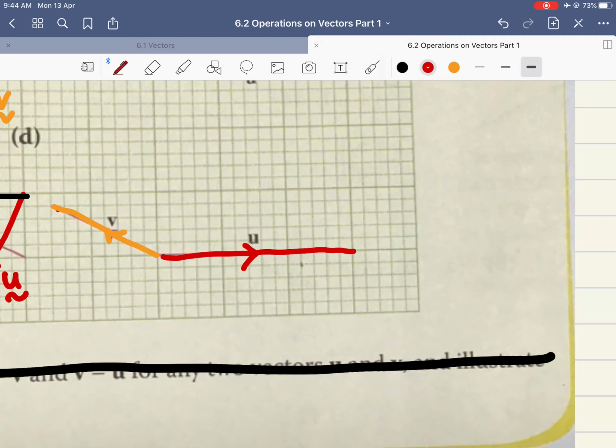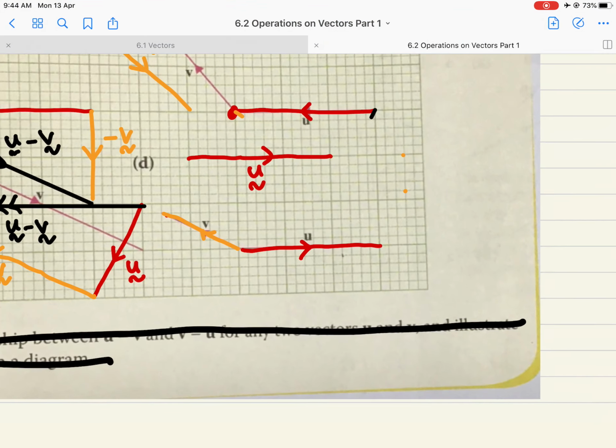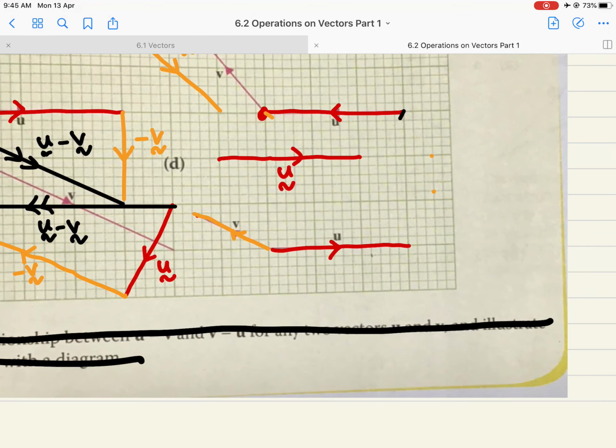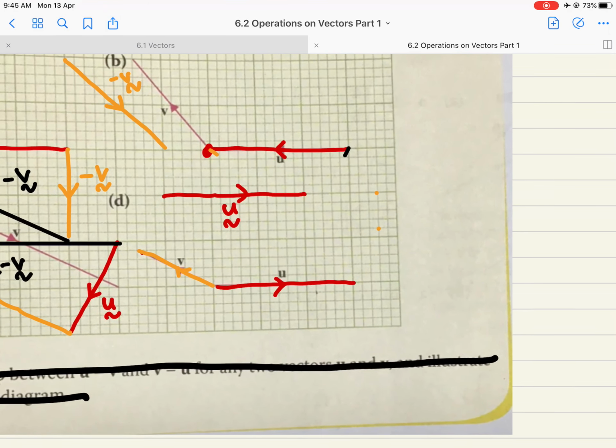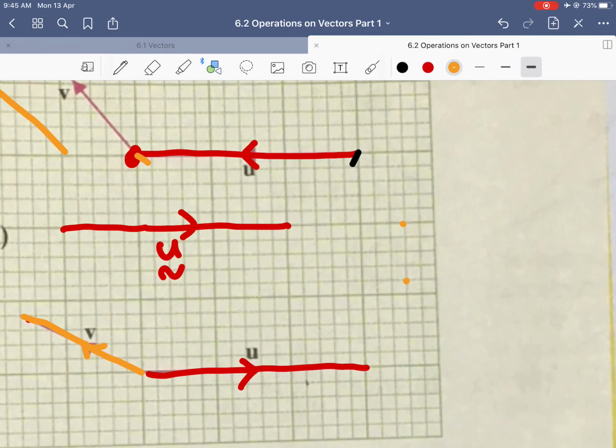I think I'll run out of space here, so never mind, let me just redraw this. So 1, 2, 3. This is vector u. Negative v is going the other way, so negative v will be 8 and coming down by 4 units. Negative v will look like this. My apologies there. Negative v will look like this.